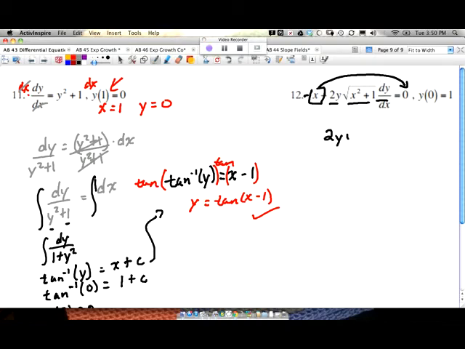That would give me 2y times radical x squared plus 1 times dy/dx equals negative x. From this point, I can multiply by dx on both sides, and I have negative x dx on the right. And now I have this 2y and the dy, but I need to get rid of this x squared plus 1. So I'm going to divide by x squared plus 1 on both sides. Move that over as well.